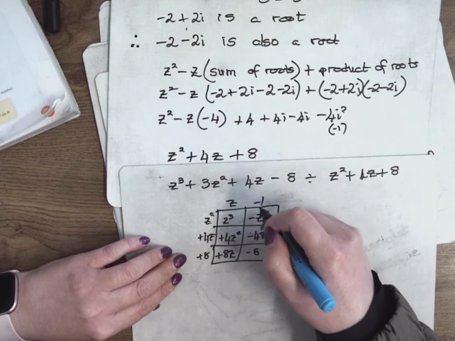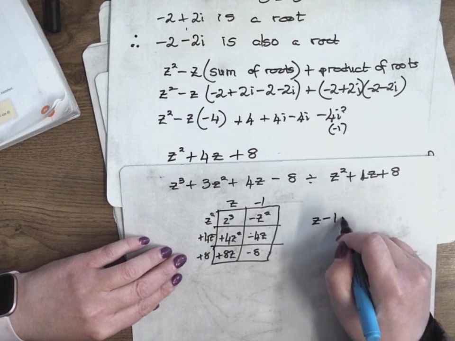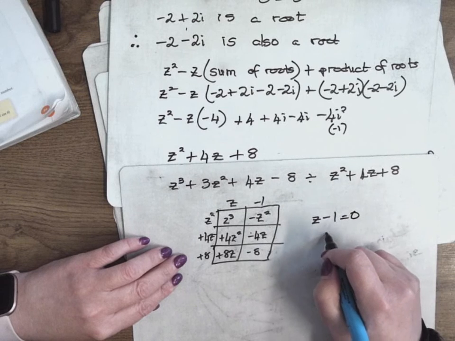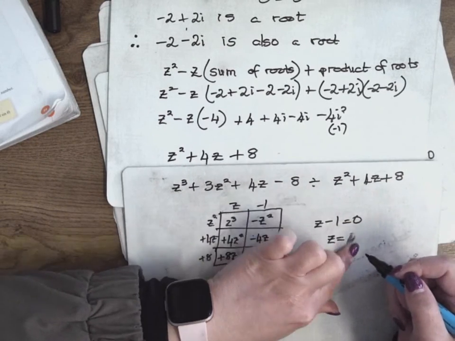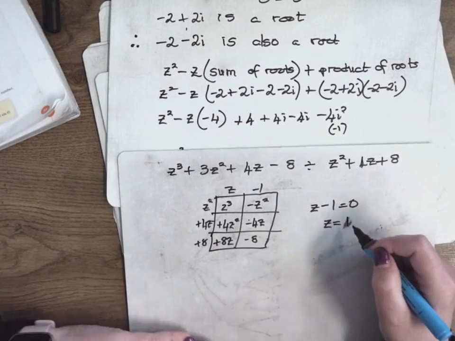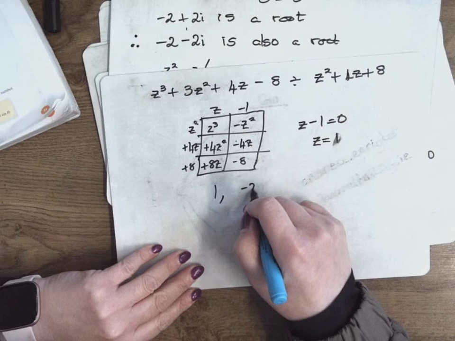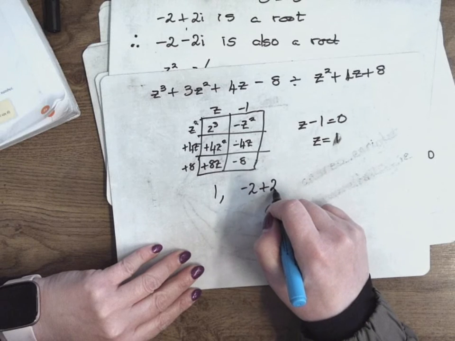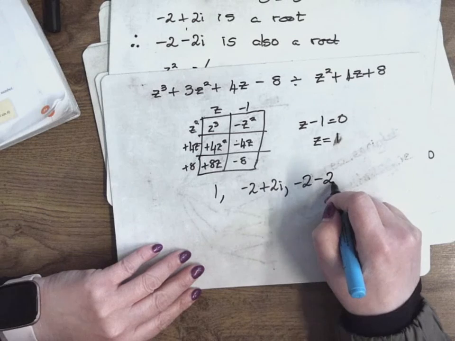So the third factor is up here, see it? Third factor is z minus 1 equals 0. So that means the third solution is z equals 1. So your three solutions are 1, minus 2 plus 2i, and minus 2 minus 2i.